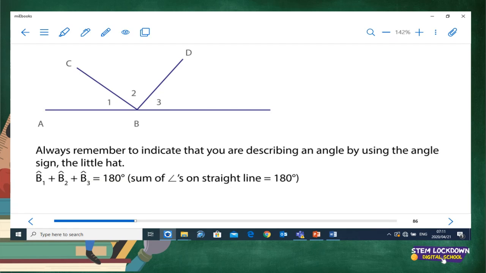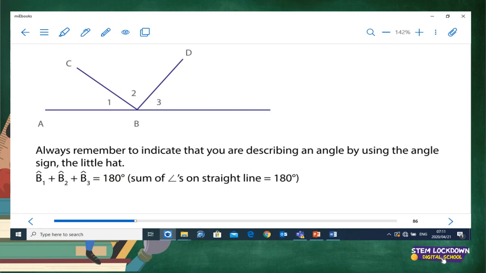Those are the angles that we have. Because they are on a straight line, if you add B1, B2, and B3, you should be able to get 180 degrees.